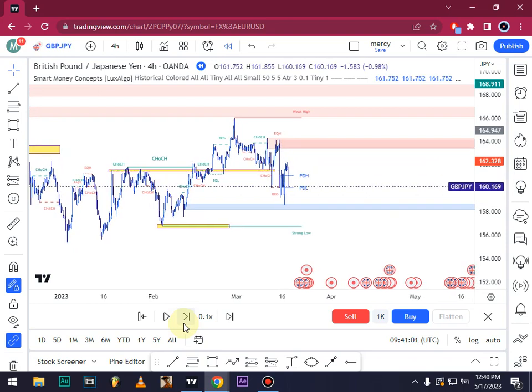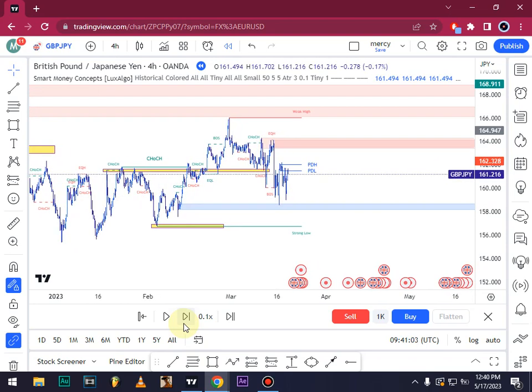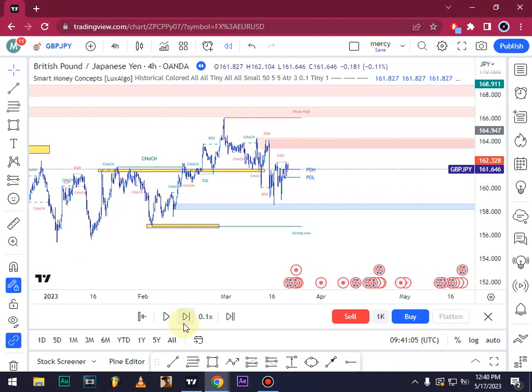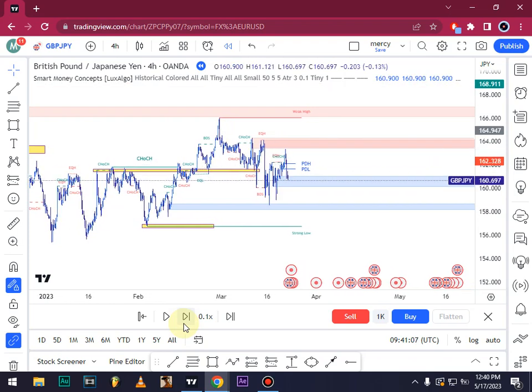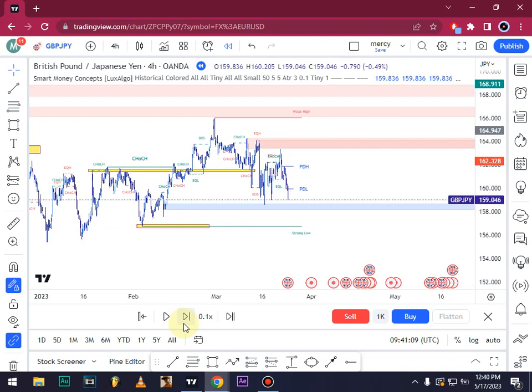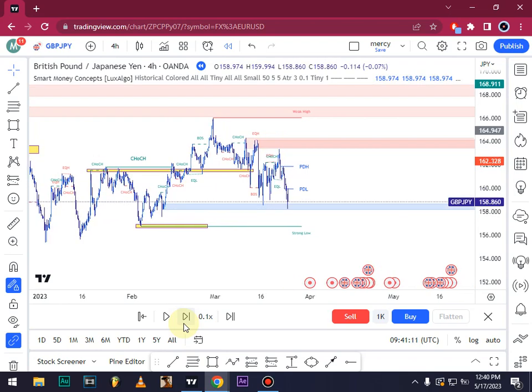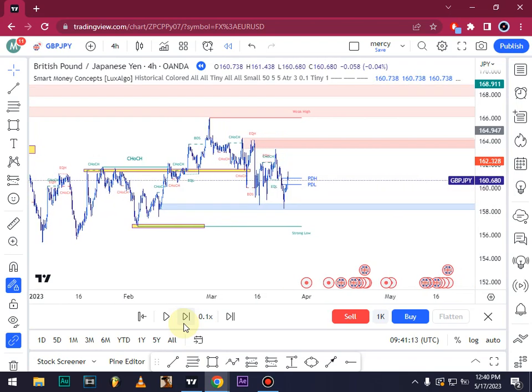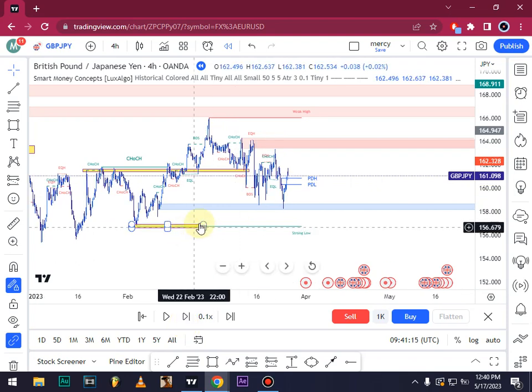So now price is still crazy. Okay, let's see. Nice. I believe now it's almost maybe coming back to this zone.